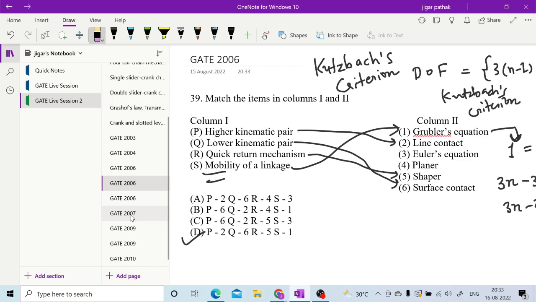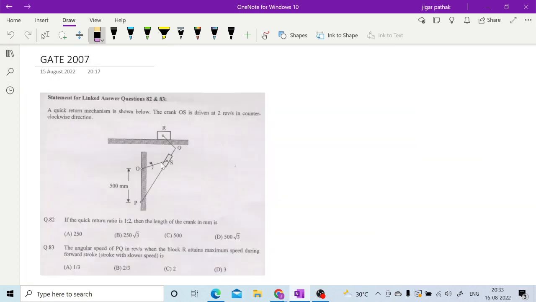Now can you try this one? I should generate a poll for this, right? I'm generating it for 82 only. 83 I will discuss. Length of the crank in mm. One second, let me generate the poll.